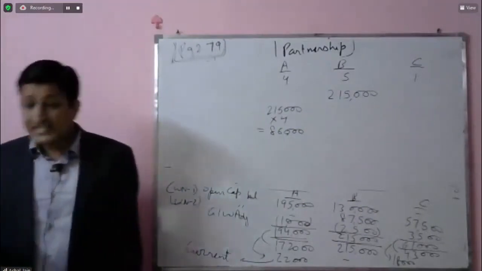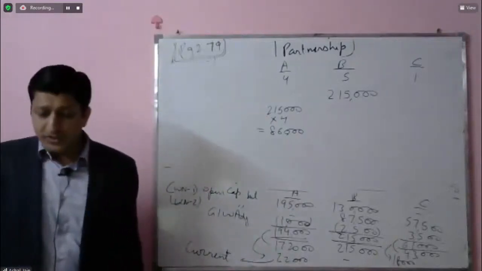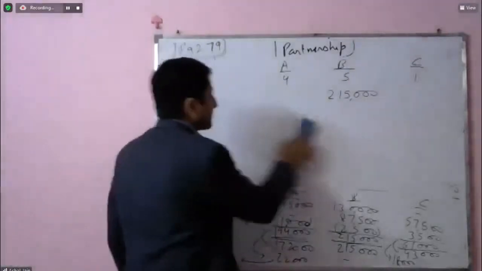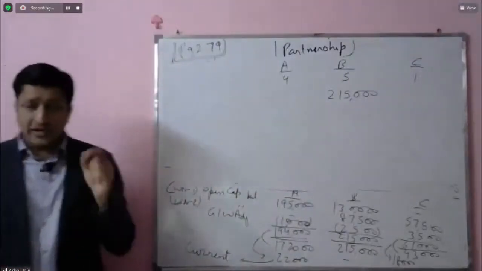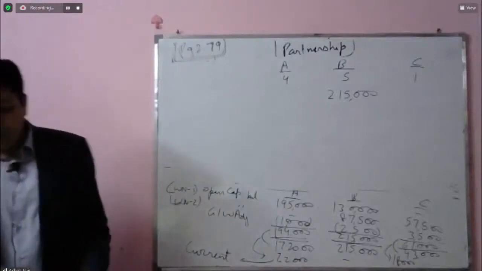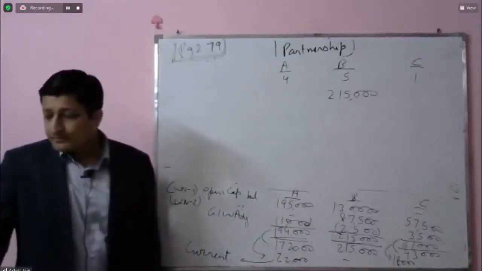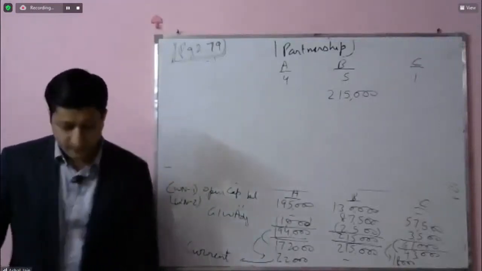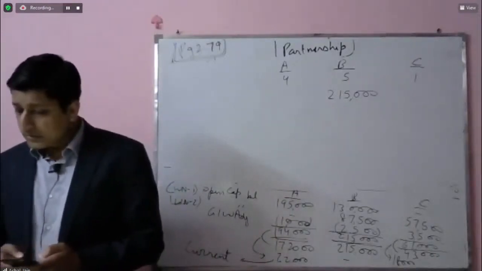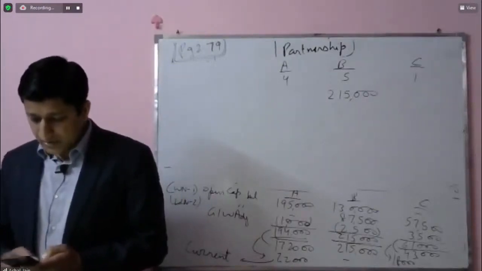2,15,000 is the base. Let's come back to its computation, or otherwise I think this will become a lengthier method. So let's ignore this method. What you can do is just look at it once. You should keep total capital. What's your total capital? Your total capital is 194 plus 215 plus 61,000.